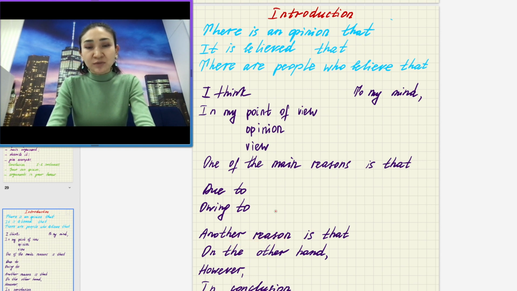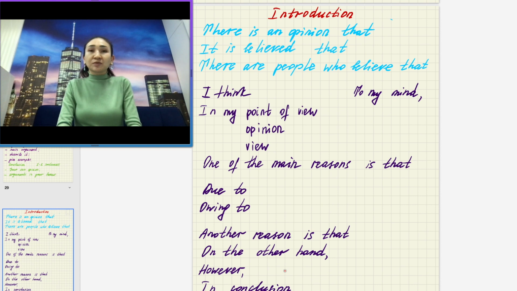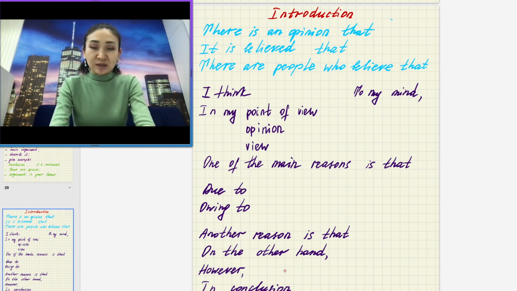When you describe one of the reasons, you go to the following reason. At that point you're supposed to say another reason is that, on the other hand, or however. So it's going to be written in your body paragraph too. It's going to be easier for you to describe all of your statements in order to convince a reader.